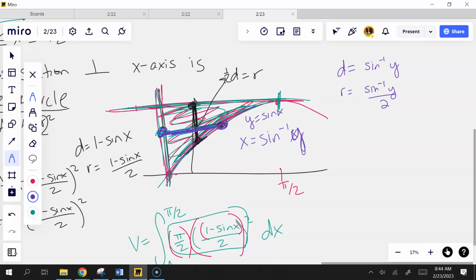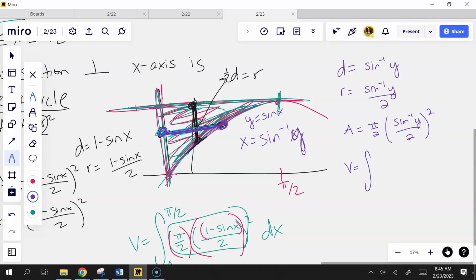So now what's the area of my semicircle? Pi over 2 times, that's right, inverse sine y over 2 squared. So now what's the volume of my solid?